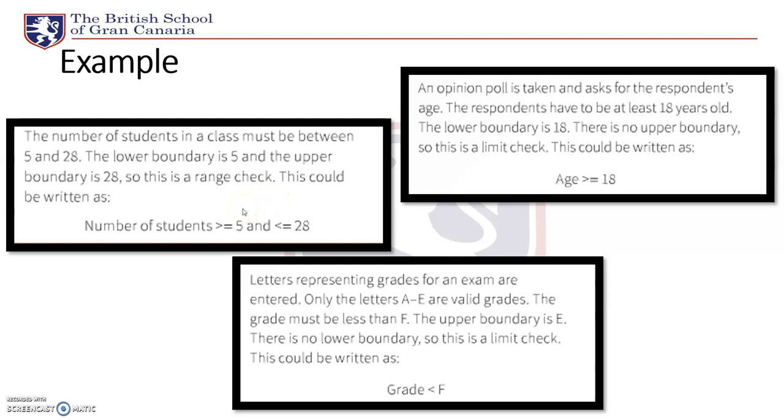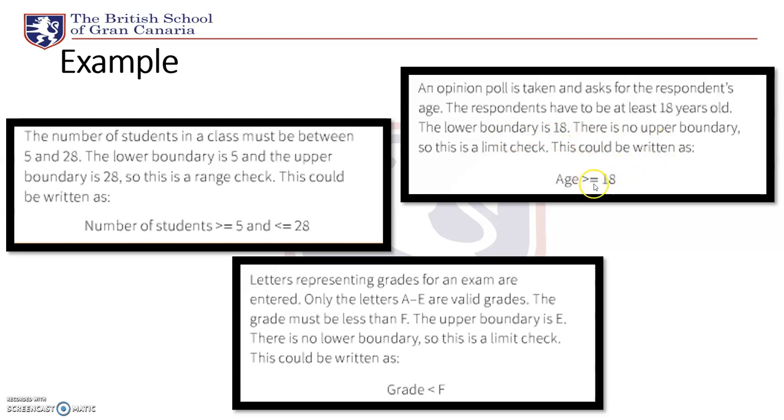Now, if this was to be placed, for example, in Microsoft Access, then this is maybe how you would fill it out. This one here is an opinion poll that asks for respondents' age. The respondents have to be at least 18 years old. The lower boundary is 18. There is no upper boundary.